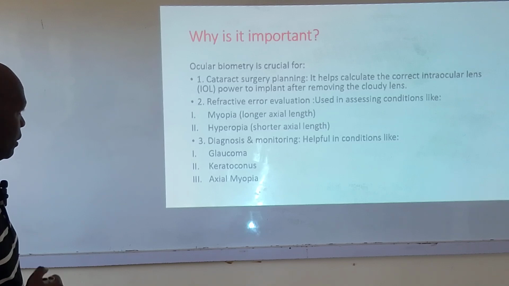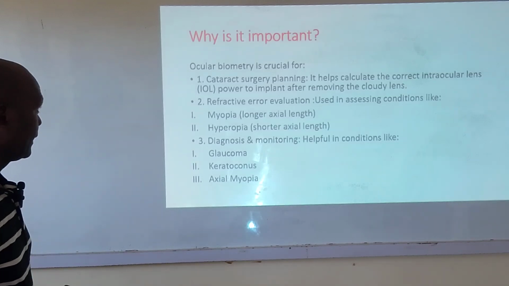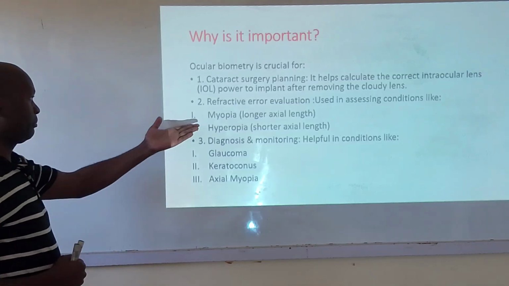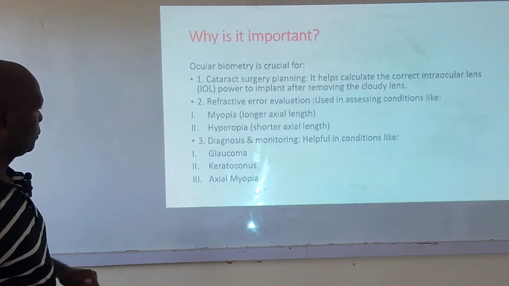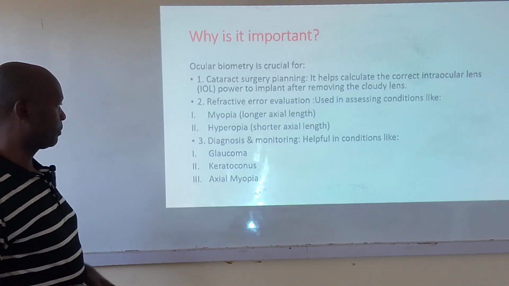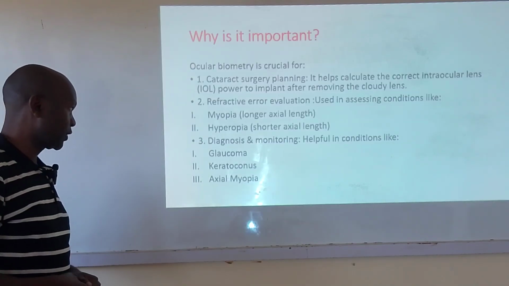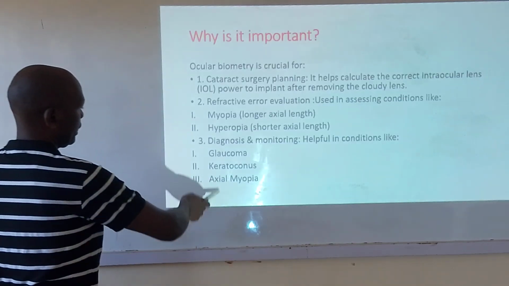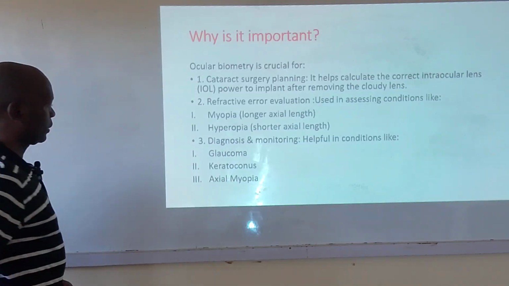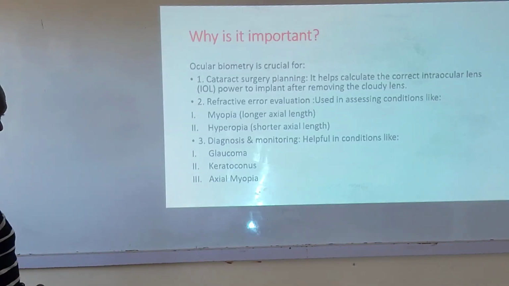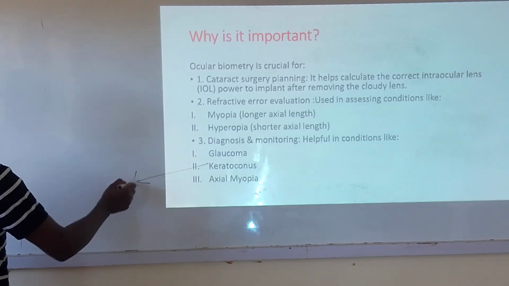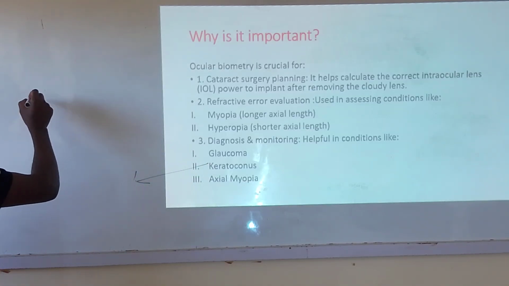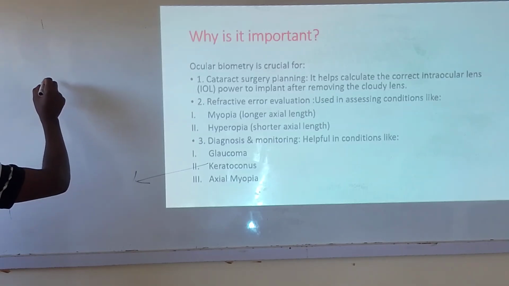You can use it to evaluate. Biometry measurements can also help us in issues to do with myopia, hyperopia, even diagnosis and monitoring. That is in cases of things like glaucoma, keratoconus, and axial myopia. Keratoconus here is just the cornea, which is appearing like a cone.